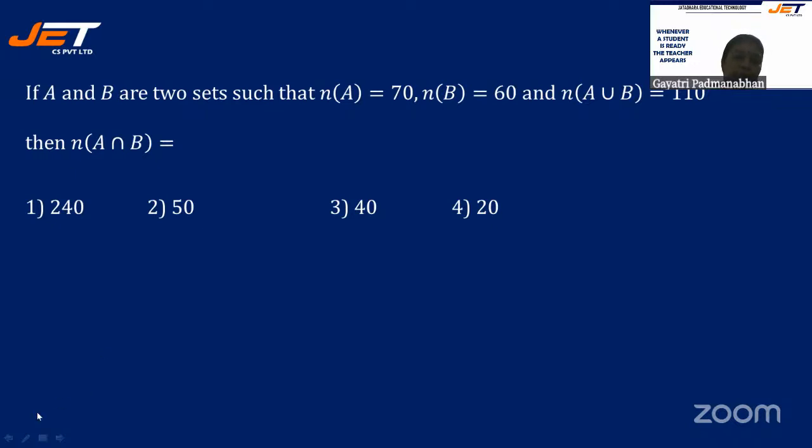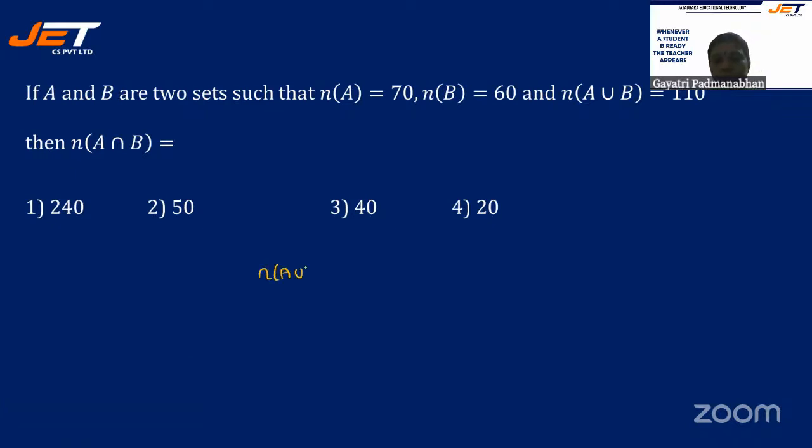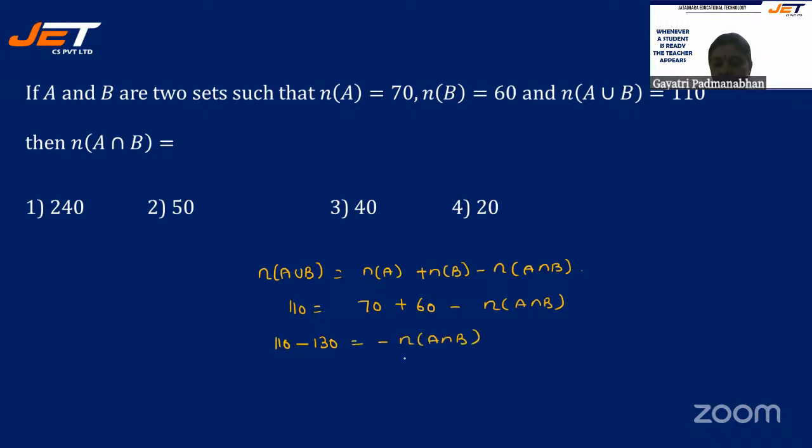I'm sure this doesn't require any explanation, because n of A union B is n of A plus n of B minus n of A intersection B. So 110 equals 70 plus 60 minus n of A intersection B. So 110 minus 130 is equal to minus n of A intersection B. 20 minus 20 is minus n of A intersection B, minus minus gets cancelled.